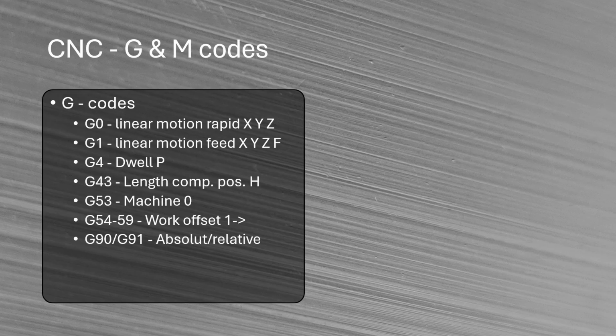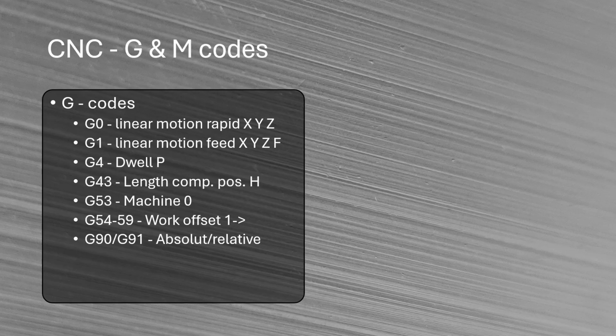What does this mean? Does the machine move to absolute coordinates, so go to 100, go to 100, or does it add the amount you want to go to the position that you already are at? In some cases, it can be easy, if you don't necessarily know where you are right now, to just say go 10 millimeters to the right, go 10 millimeters to the left. That can be very easily done with relative.